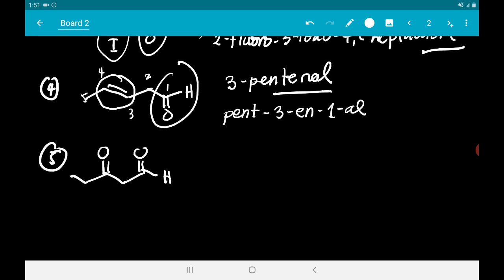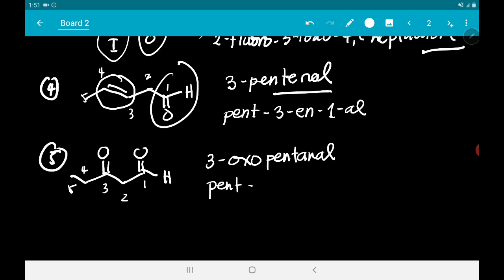Okay. So what about this one? It's easier with number 5. You can name it 1, 2, 3, 4, 5. So 3-oxopentanal, or pent-1-al-3-one.